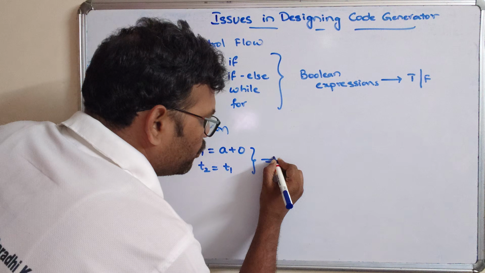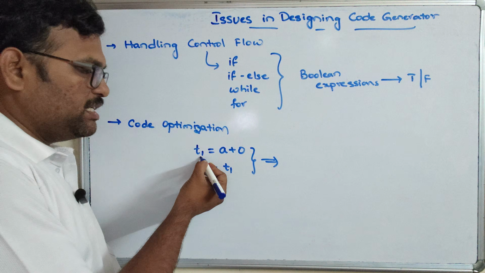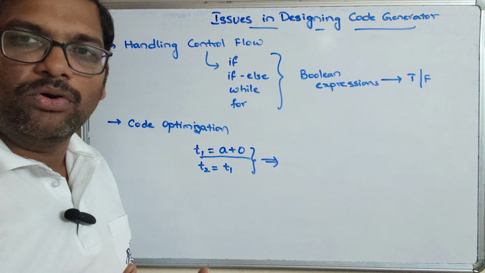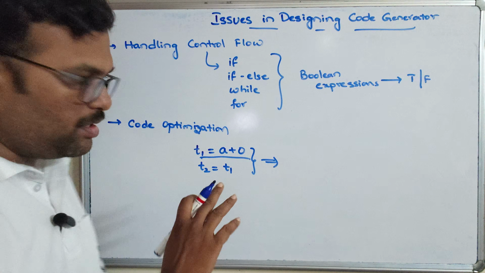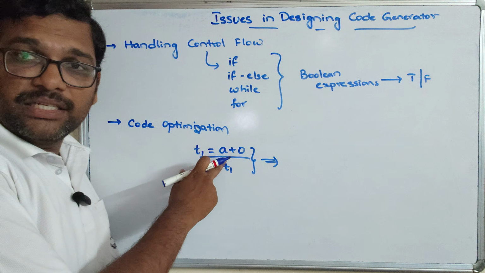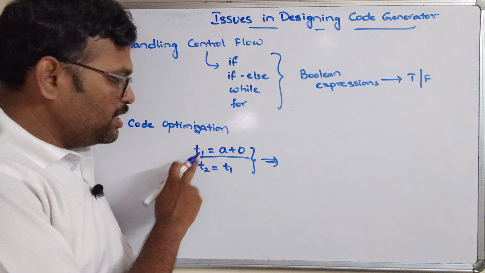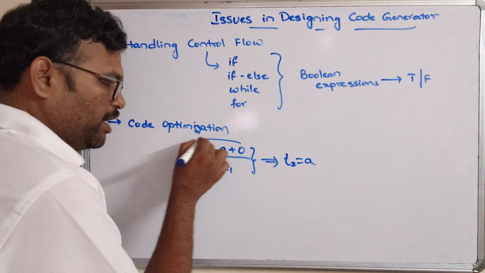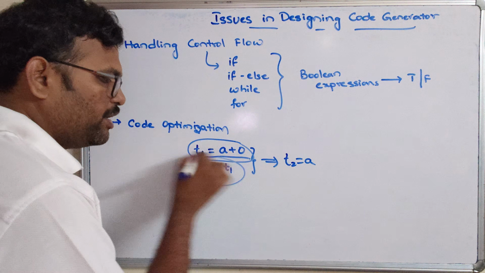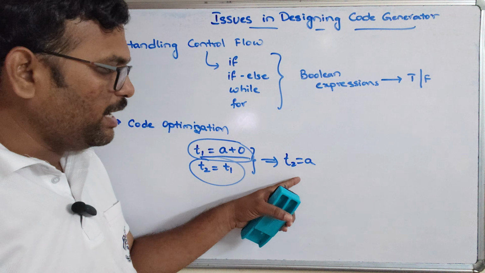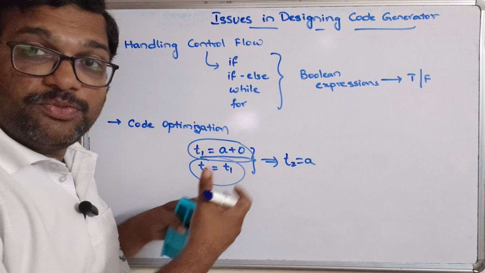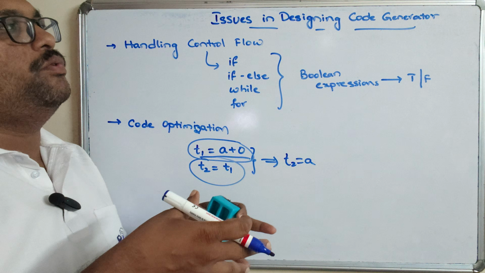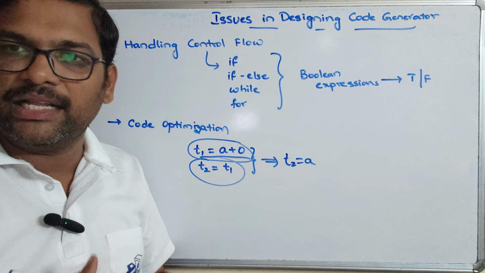This can be reduced because this instruction is completely not required, because if you add anything to 0, the value doesn't change. So we can remove this one and directly write t2 is equal to a. You need not compute this step, and again you need not compute that step. In such a case we can optimize the code. This is also one design issue we need to concentrate on while generating the code.